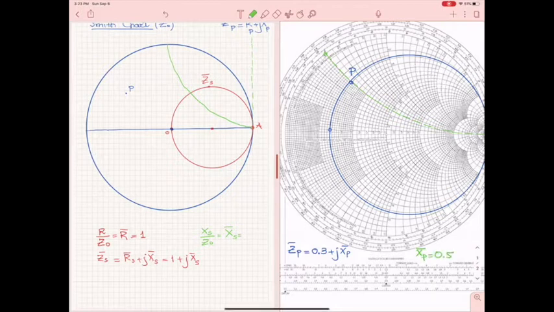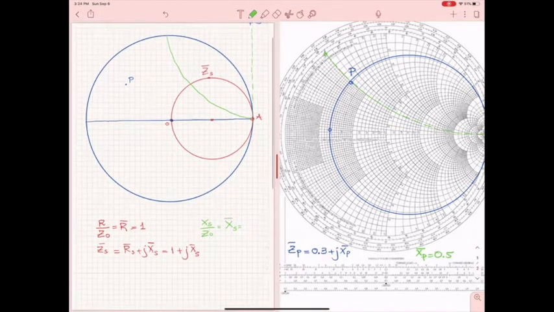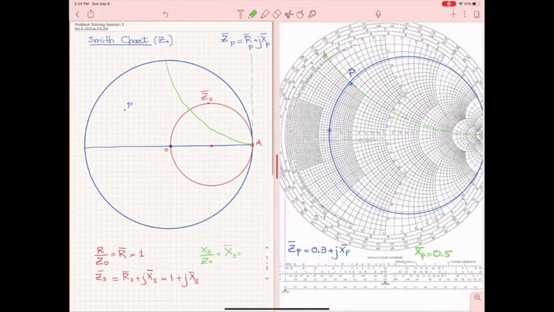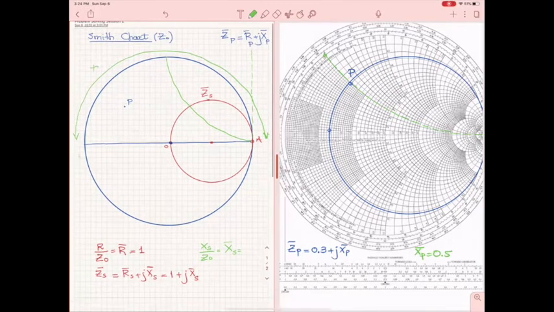Everything that is on the north side, on the upper side of the Smith chart, all of the values here for the reactances are positive, and all of the values underneath it are negative.